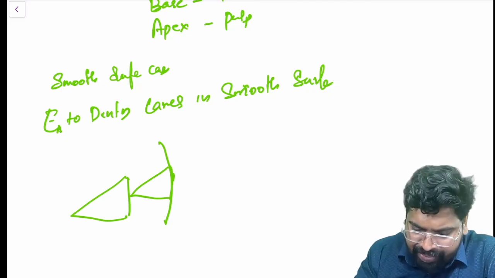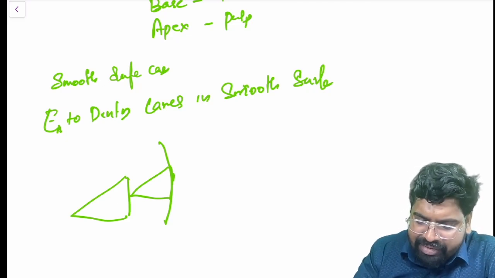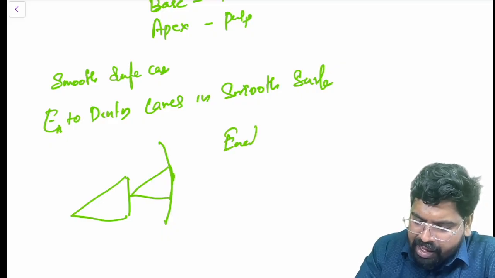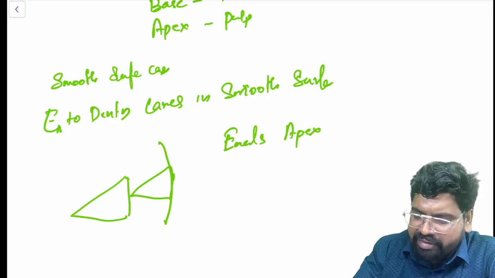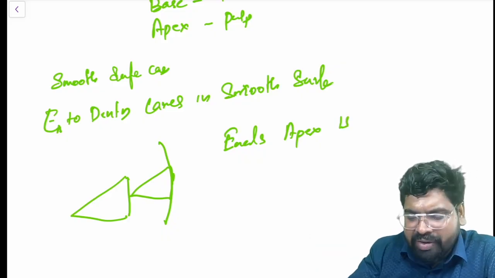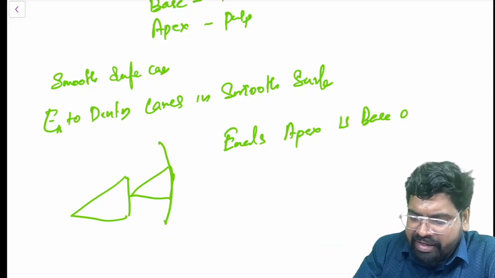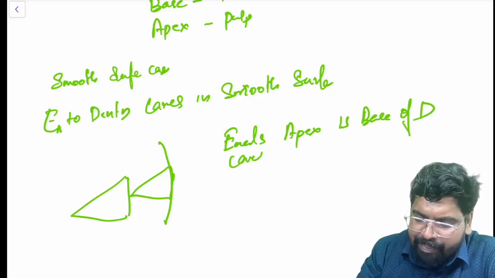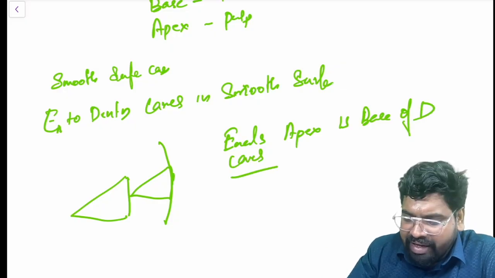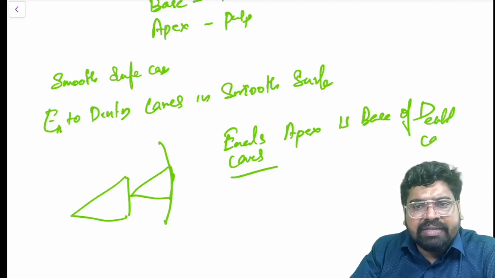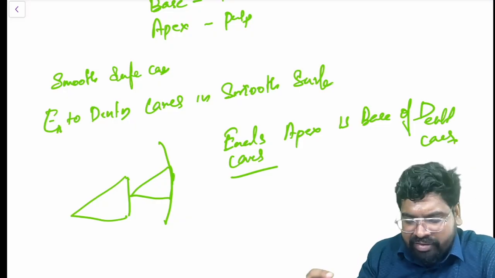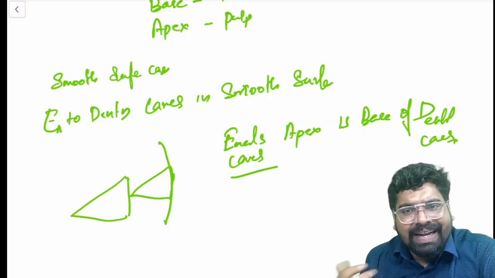So the apex of the enamel caries is coinciding with the base of the dentinal caries. Okay, got it. So this is how you should relate it and study.